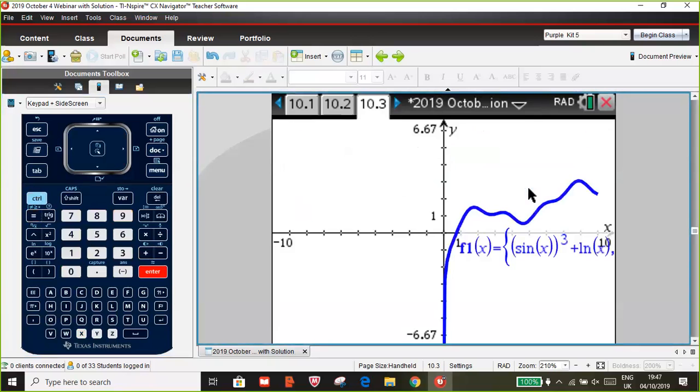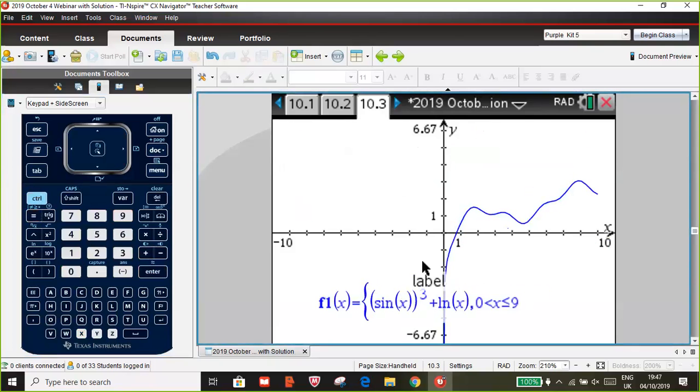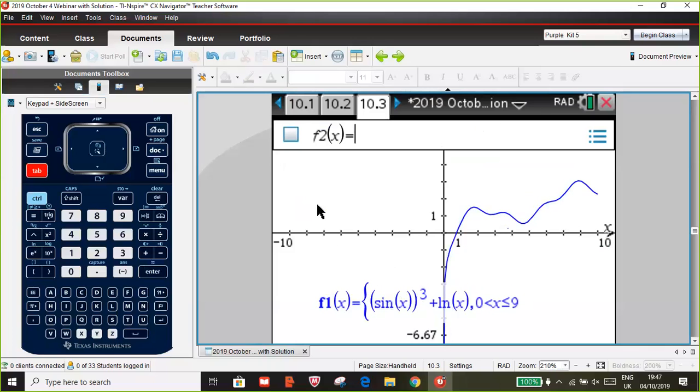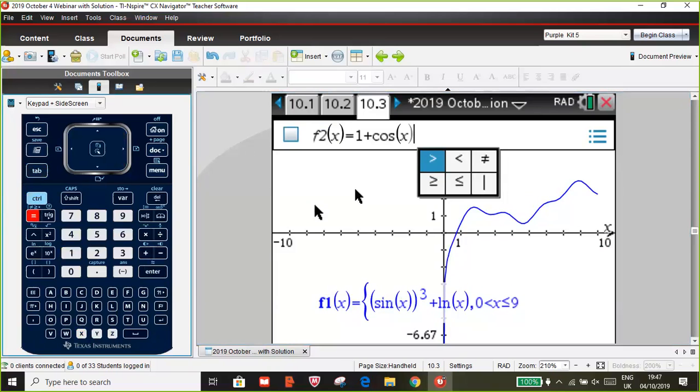Okay, key in another one. I'll change the window settings in a while. Let's key in a second function, which is 1 plus cosine x, restricted domain from 0 to 9.